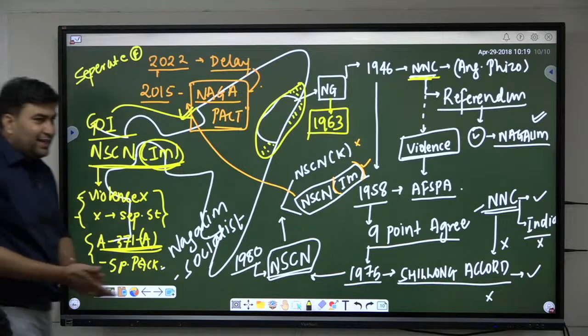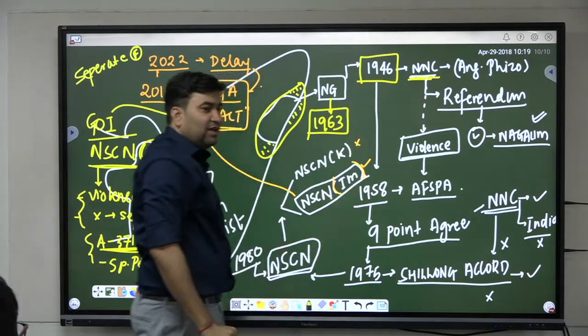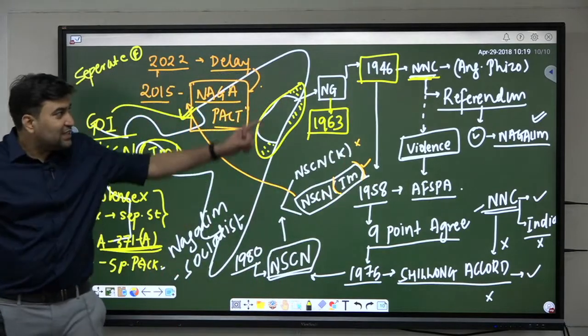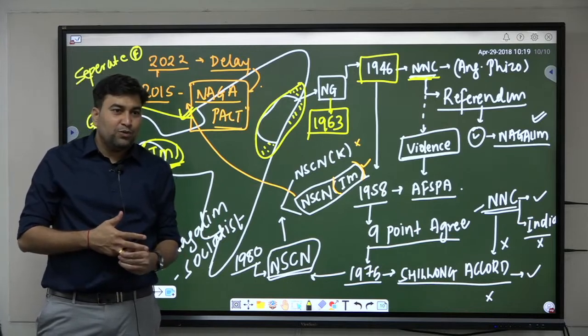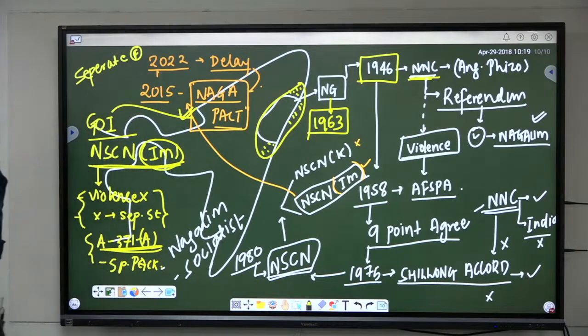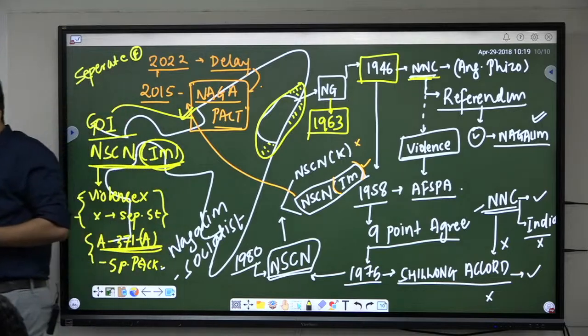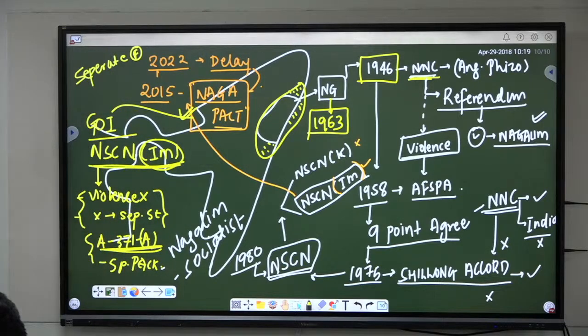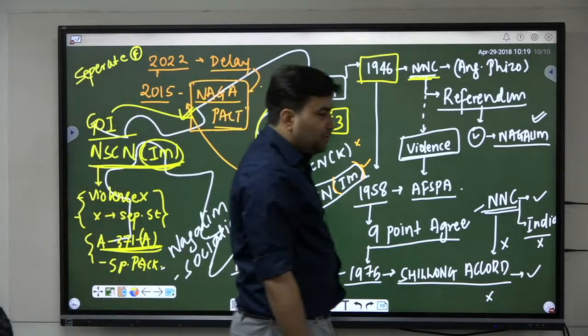Next point, you write directly, not like a timeline. In 1946, NNC was constituted to work out the relationship with the government of India after British withdrawal.